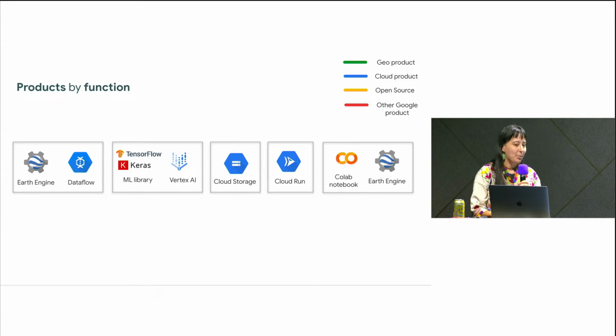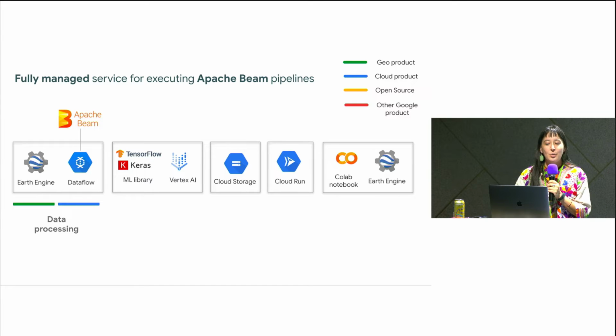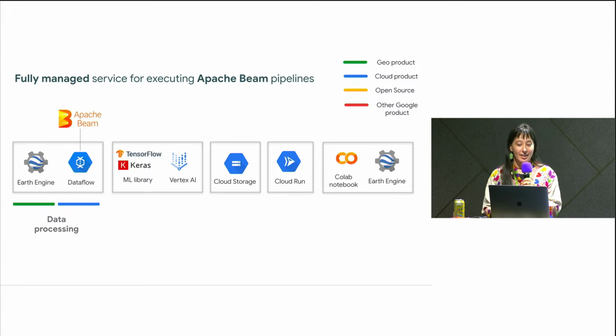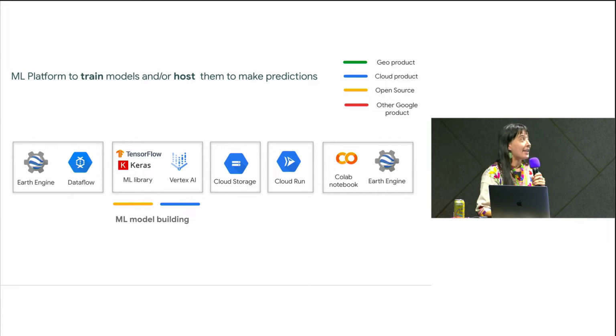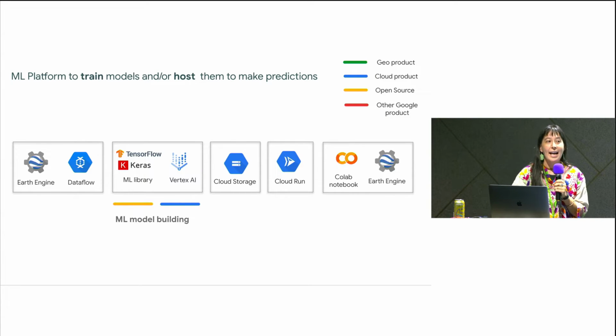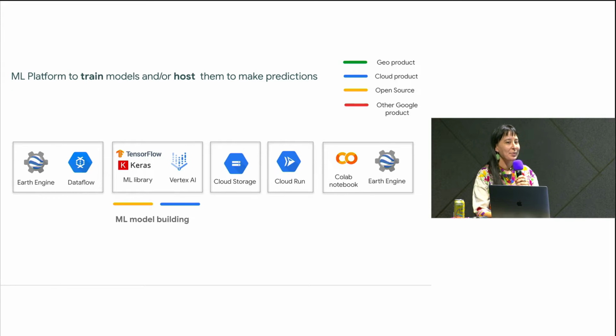I wanted to break up the products by function first. We have Earth Engine and Dataflow, and they're both data processors in this case. Dataflow is a fully managed service that executes Apache Beam pipelines on the Google Cloud Platform ecosystem. Next we have TensorFlow Keras, which is an ML library, and Vertex AI, which is a machine learning platform on Google Cloud.